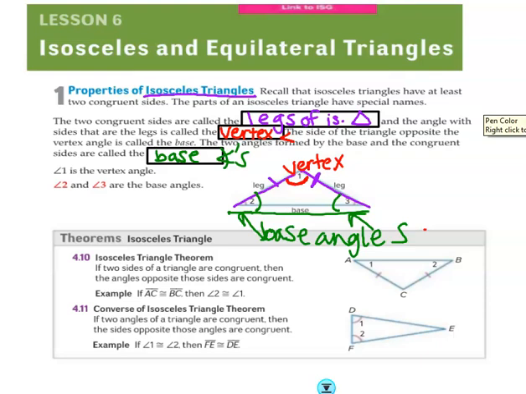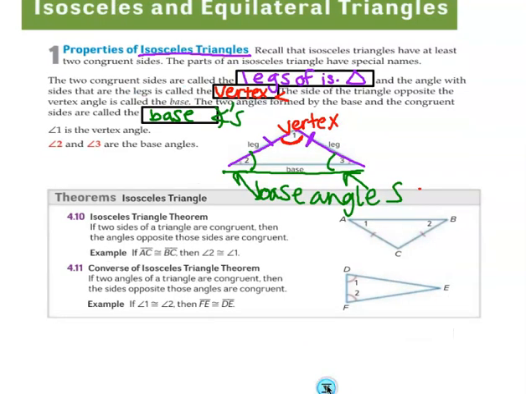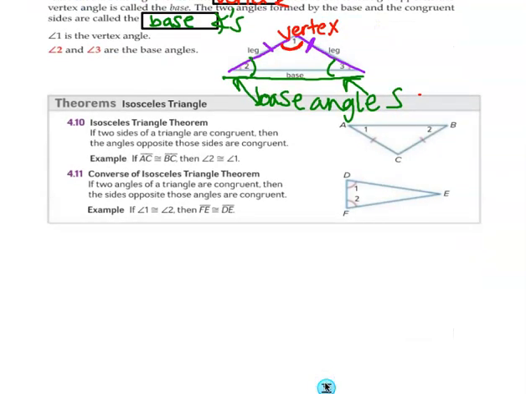All right, now let's talk about this theorem. Isosceles triangle theorem: if two sides of the triangle are congruent, then the angles opposite those sides are congruent. So I have these are my legs, okay? That means that those two sides are congruent.